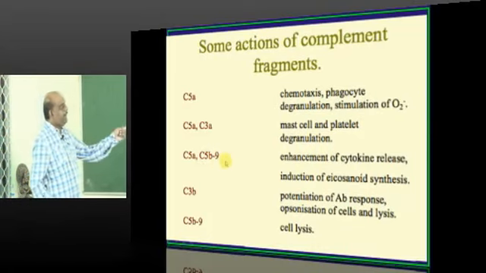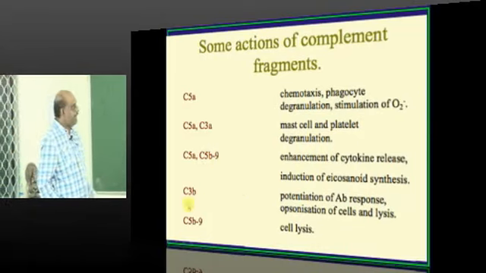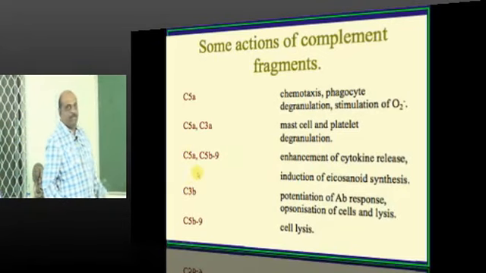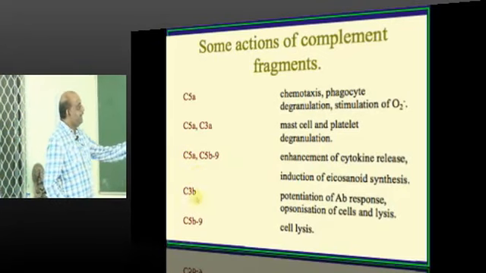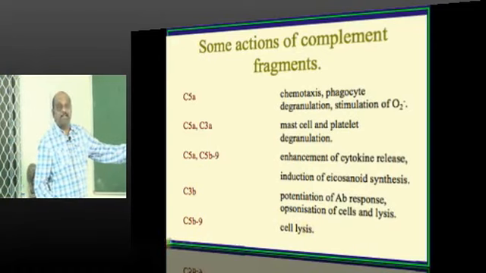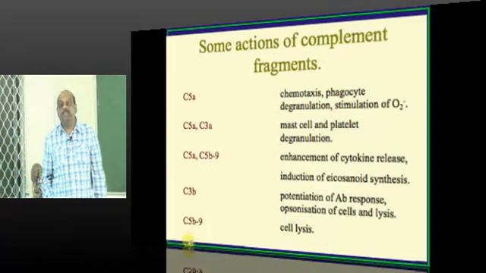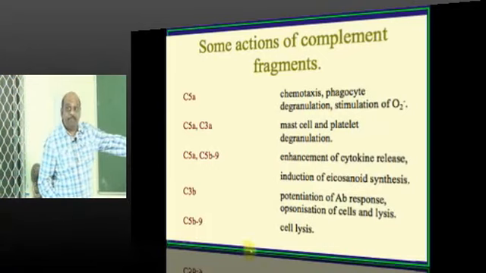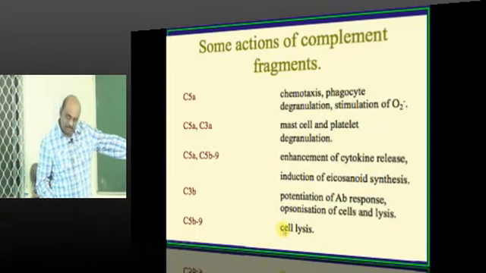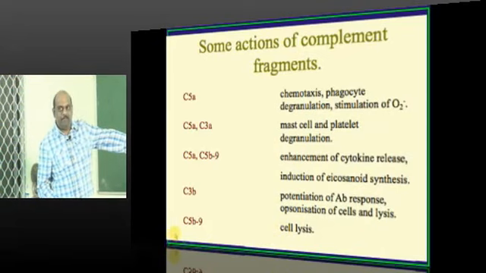Then C5b to 9, they increase the cytokine release. Don't worry, nobody will ask about C5b9 for no reason. They will ask for one reason. It's called the terminal complement component. It is called C5b9. It is important for cell lysis. It's also called MAC, membrane attack complex, C5b9.